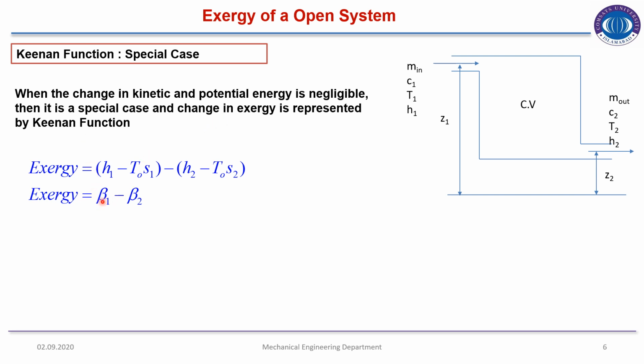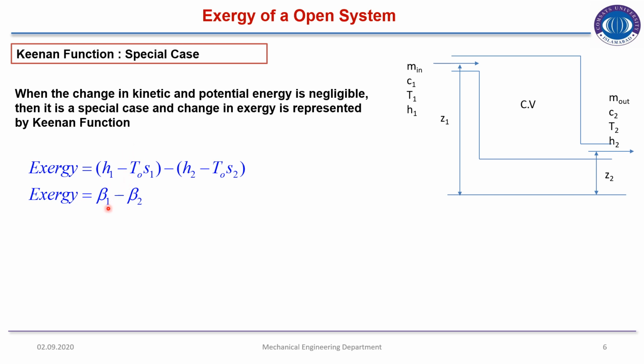So Keenan function is represented with the symbol beta. So what is beta? Beta is equal to h minus T naught s1. So here you can see that the kinetic and potential energy components are neglected in this relation.